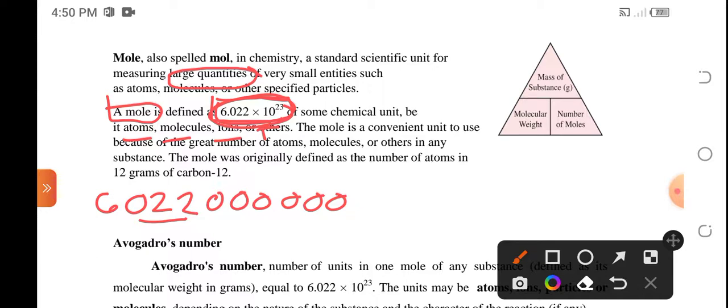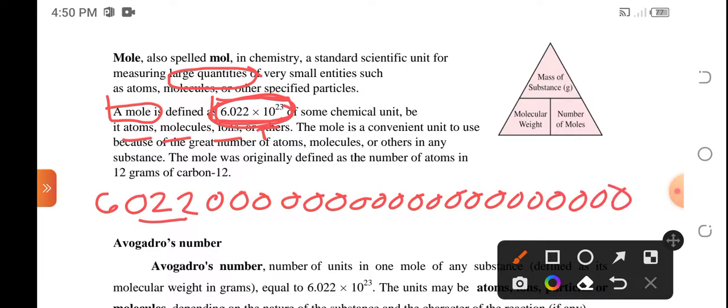So that's how many 1 mole represents. So instead of writing this very large number, we're going to use mole.